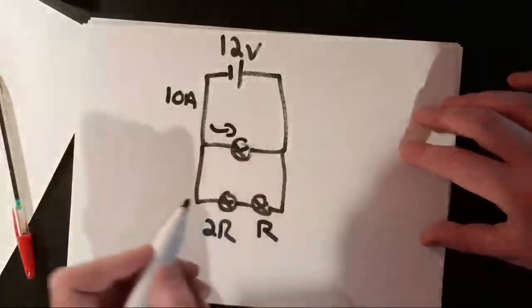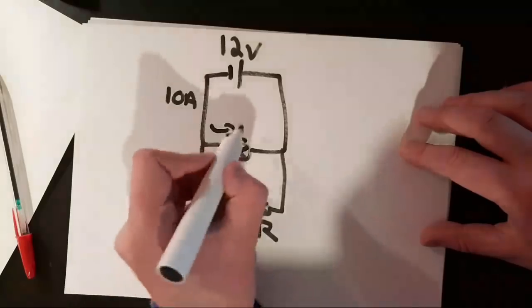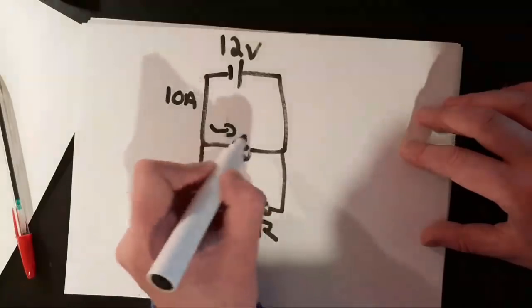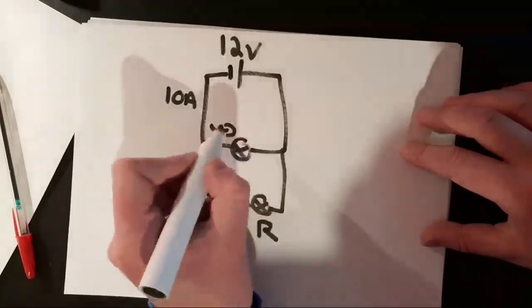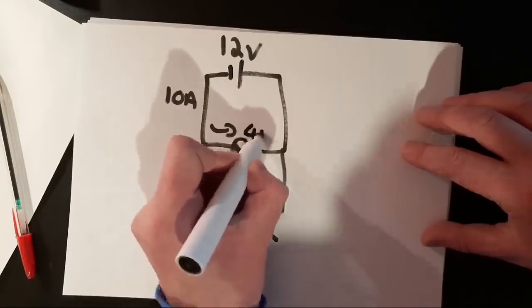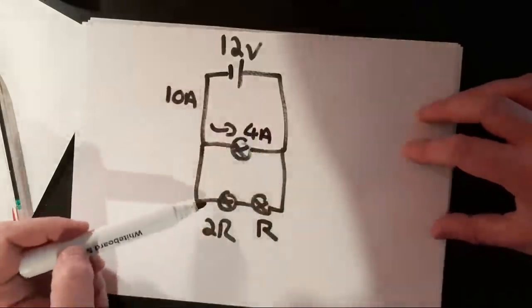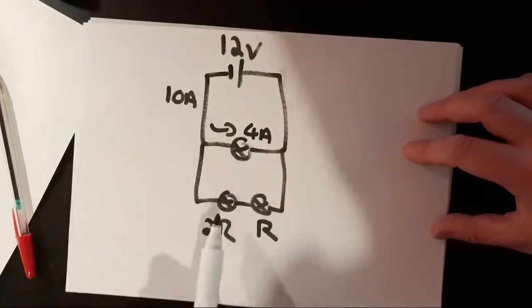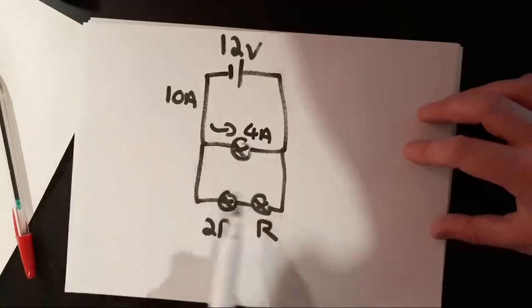And I know that going through here, I have, should have planned this one out earlier on. Let's say going through here, I have 4 amps. So my question would be, can I work out the resistance of each of these bulbs?